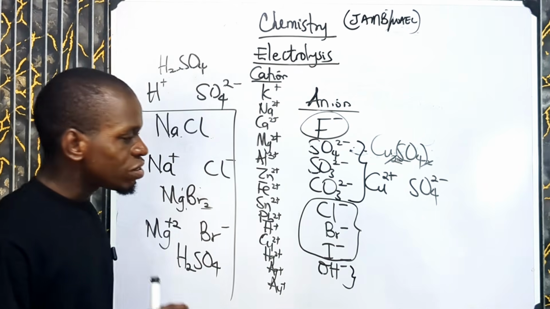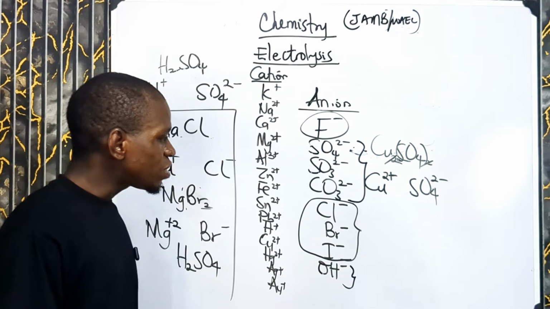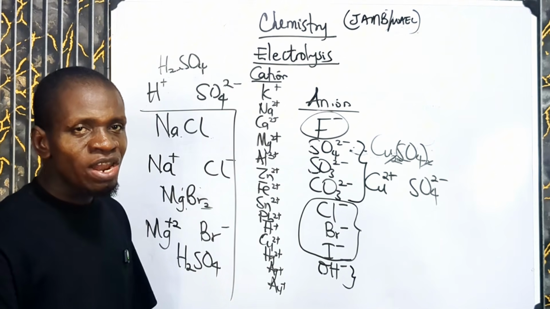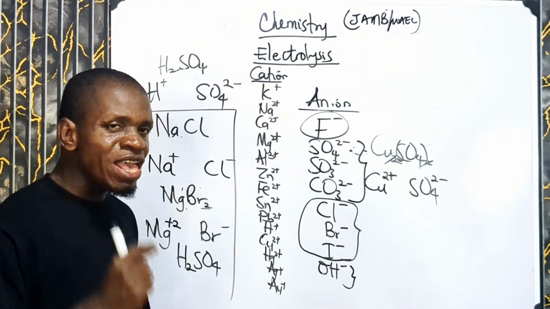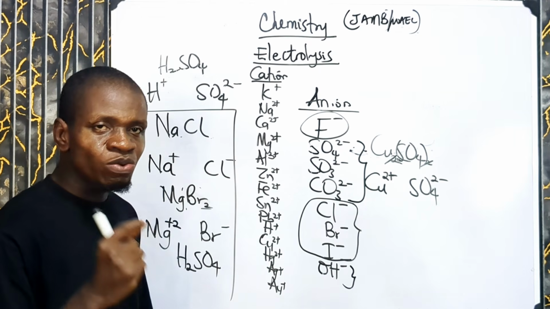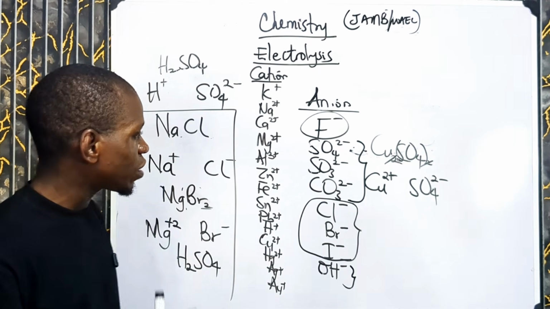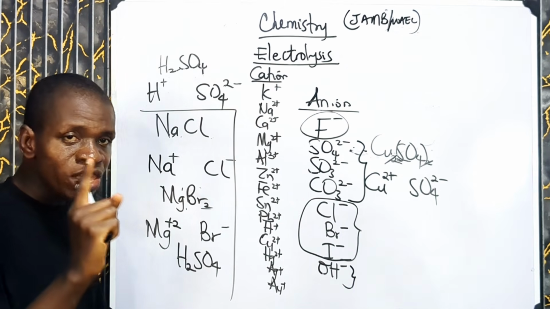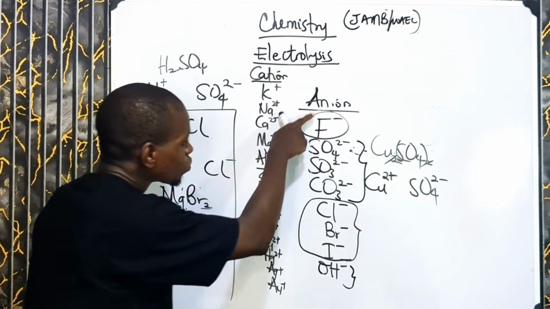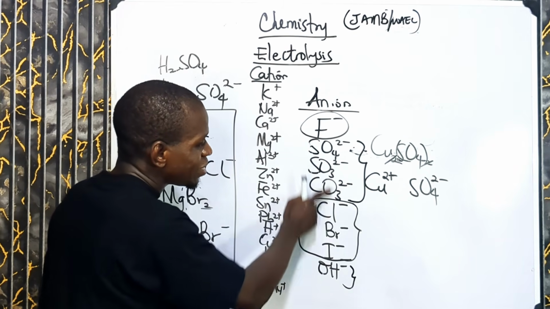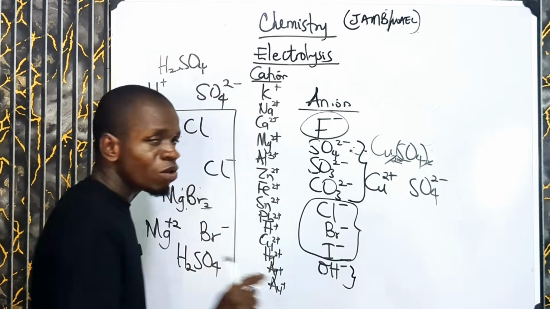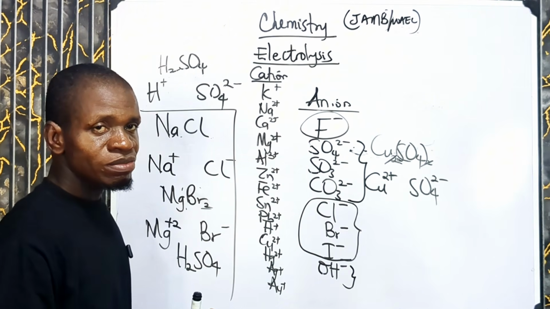But majorly, someone might be asking, this is very confusing. How will I know which one or what to do? If I am to advise you exactly what to do so that you will not get confused, please take note of this now. The only thing I need you to do is take note of this anion. Please study this anion very well, alongside its charges.